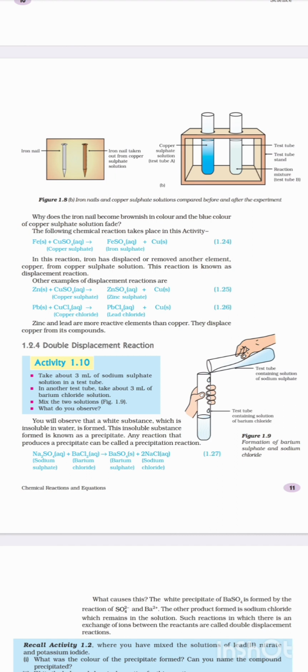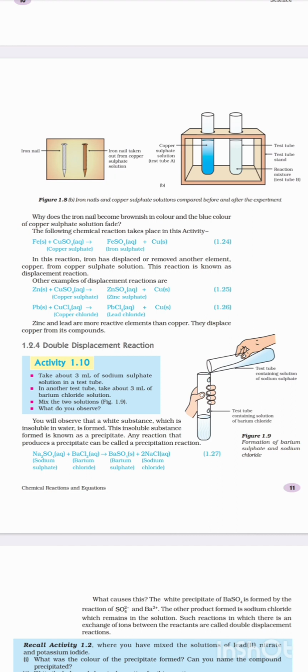Fe in solid form plus copper sulfate gives iron sulfate or ferrous sulfate plus copper. In this reaction, iron has displaced another element, that is copper, from copper sulfate solution. This reaction is known as displacement reaction. Other examples of displacement reaction are zinc in copper sulfate solution gives zinc sulfate and copper is released.